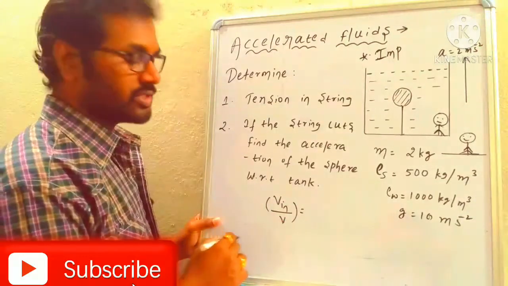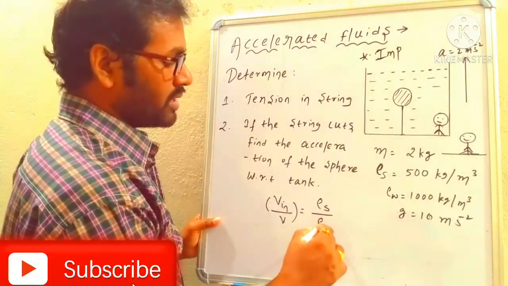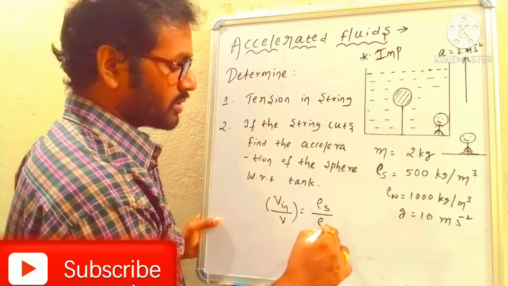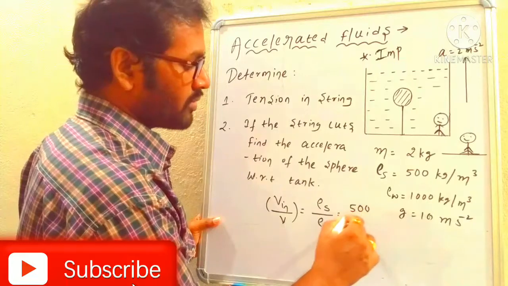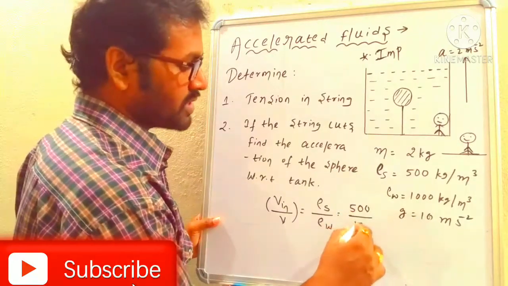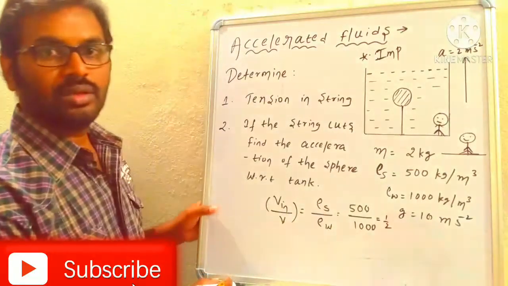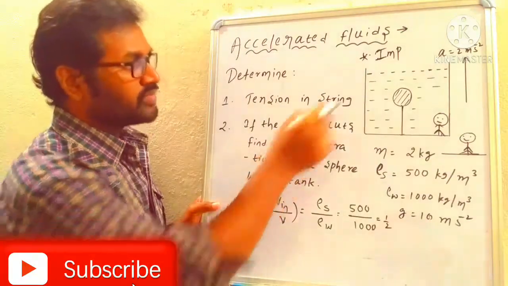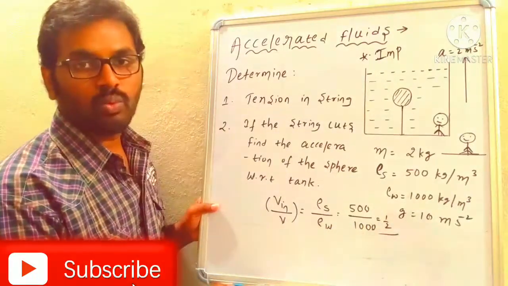What do you get? The density of the sphere divided by the density of the liquid or water. The density of the sphere is 500 and water is 1000. You will get 1 by 2. The fraction of volume inside the liquid is 1 by 2.